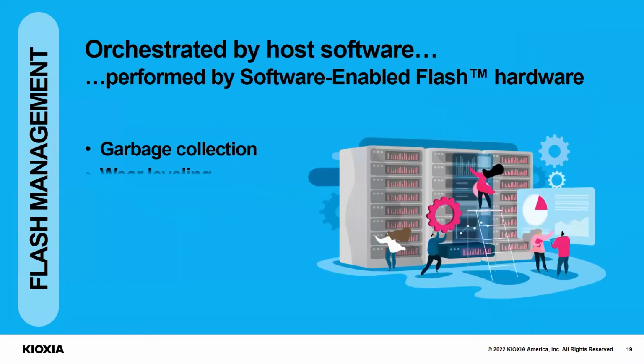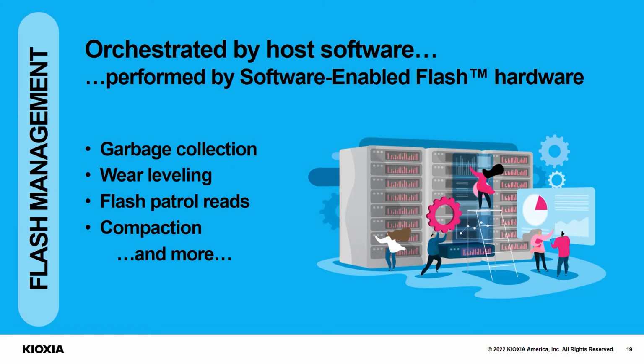Finally, the background management and the orchestration. So on a regular SSD today, the background processes like garbage collection, like patrol reads, they can wreak havoc on your application's performance because they're happening at uncontrolled times.